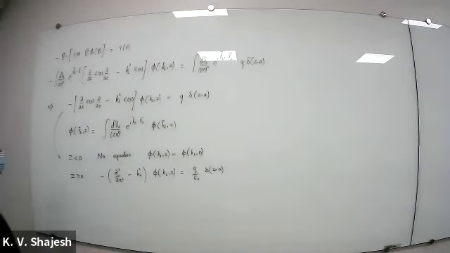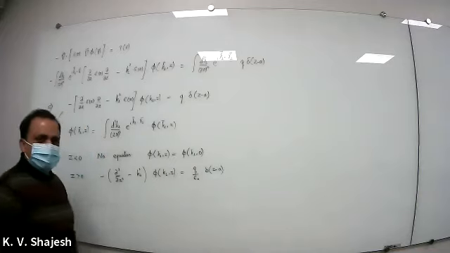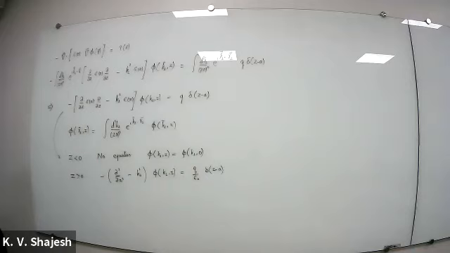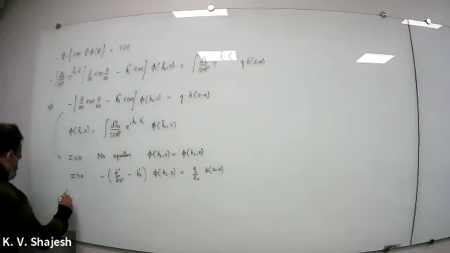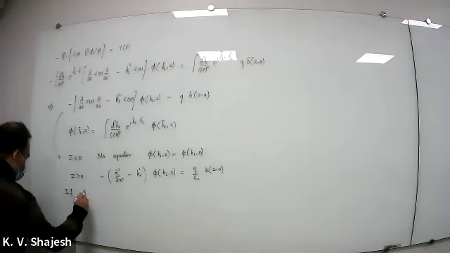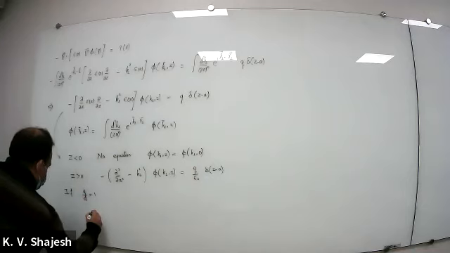At this stage, if I were to remove this, this is called the Green's function. If Q over epsilon naught is equal to 1, this is called the Green's function equation.